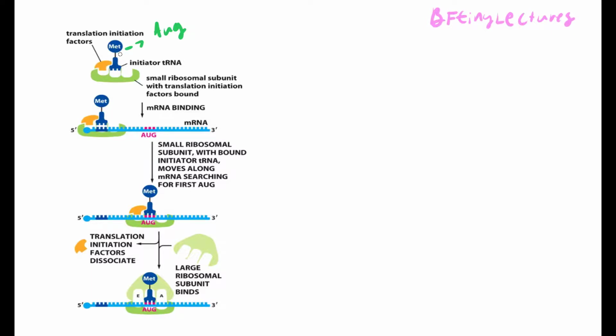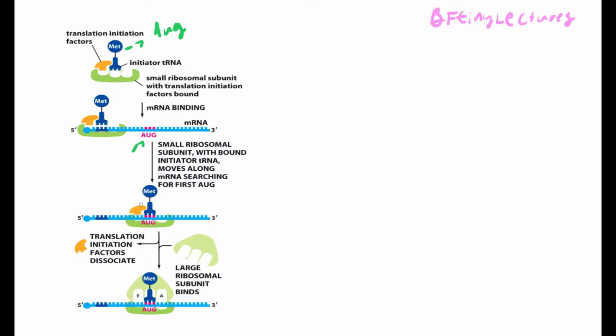It will begin to create new amino acids. So this translation initiation factor has the small ribosomal subunit and the initiator tRNA. Now it begins reading the mRNA from the 5' to the 3'. And when it reaches the AUG mRNA codon, it leaves the initiator tRNA.